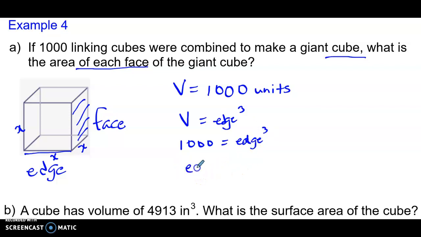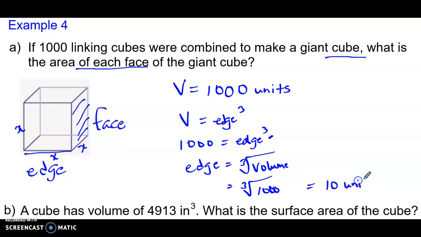In order to find the edge, we want to know what number multiplied by itself 3 times is going to give me 1,000. In other words, if I'm given the volume, I can find the edge by taking the cubed root of the volume. So my edge now will be the cubed root of 1,000, and the cubed root of 1,000 is 10.